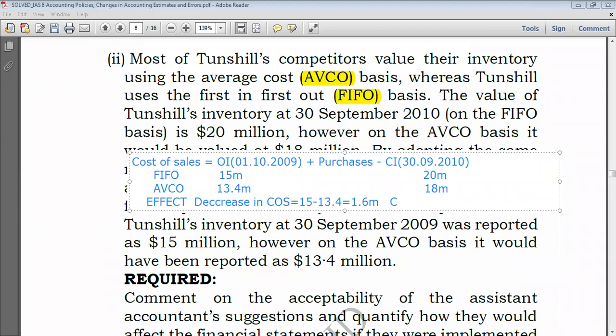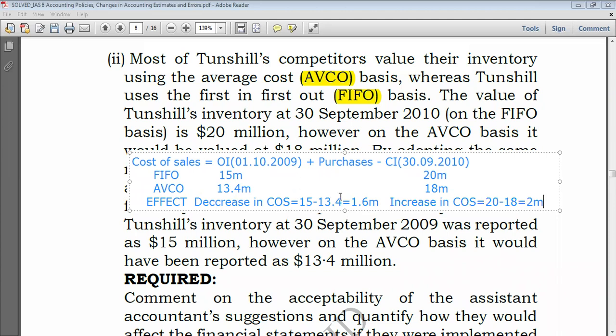There would have been an increase in cost of sales by how much? By, this is 20 minus 18, remaining with 2. This is what would have happened. 2 million.